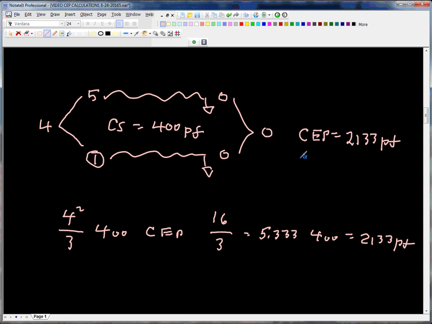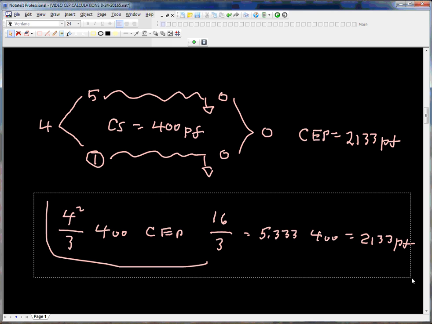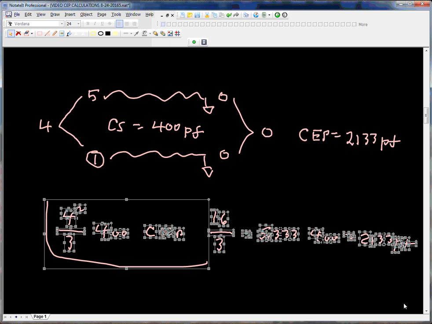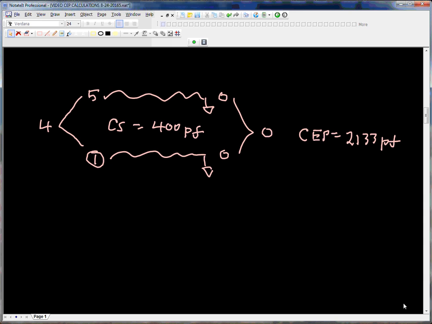It's a lot more. Now what do we actually do down here? Now I'm going to show you. To get this capacitance, CEP, we do this. We have CEP, generally speaking, and we have more layers.